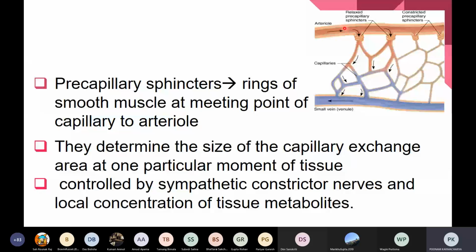So that was about the precapillary sphincter, also called arterioles, also called the resistance vessels. Whenever you say resistance vessels, it is the arterioles. Why arterioles? Because they contain the ring of smooth muscle, which causes resistance of the blood flow towards the capillaries.